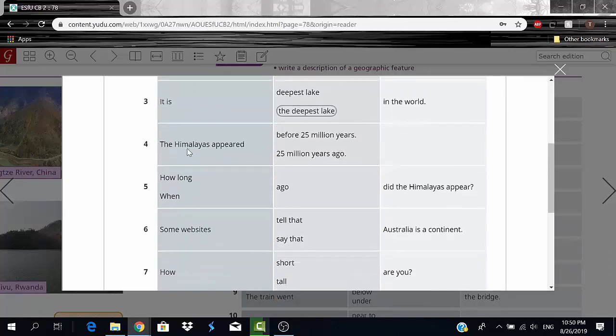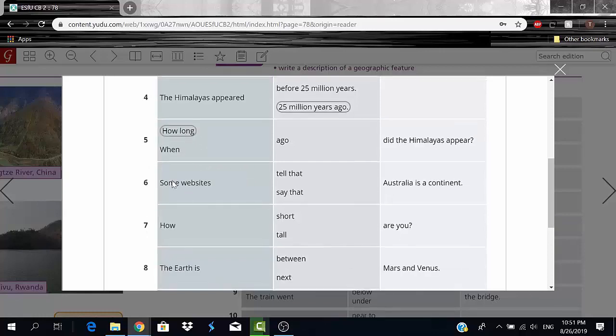Okay? The Himalayas appeared 25 million years ago. You guys remember the word ago? We talked about this. Then we have number 5. How long ago did the Himalayas appear? And for that we'll use how long ago. Okay? Here we have some websites say that Australia is a continent.